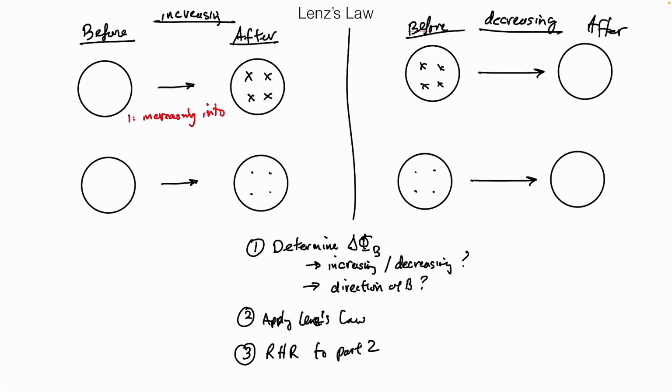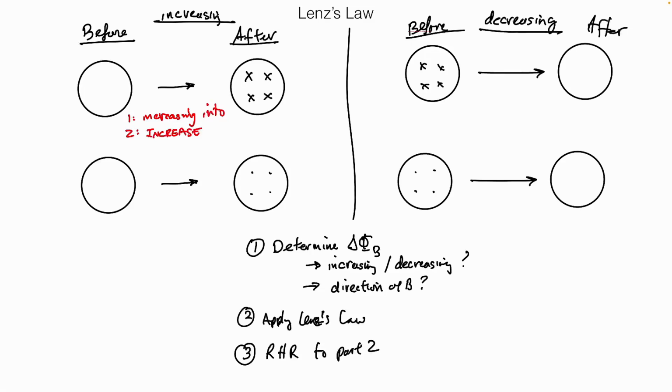So that's where you apply Lenz's law. In step 2, you must use the word increase. I can't stress that enough. In step 1, it can be increase or decrease. It just depends on what it's doing. But when we apply step 2, when we apply Lenz's law, the coil can only create field.